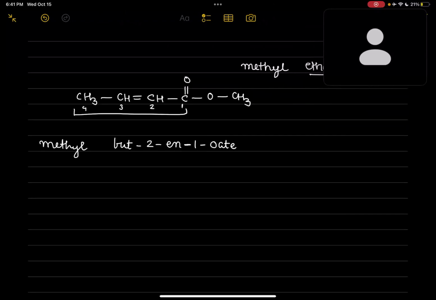Next, you have acid chloride. For acid chloride, the suffix is oyl chloride. In place of OH, you have Cl.